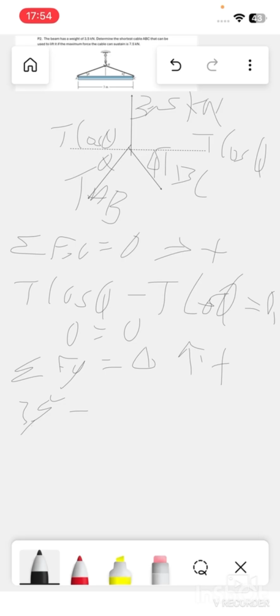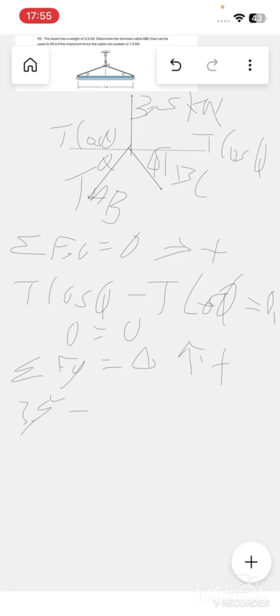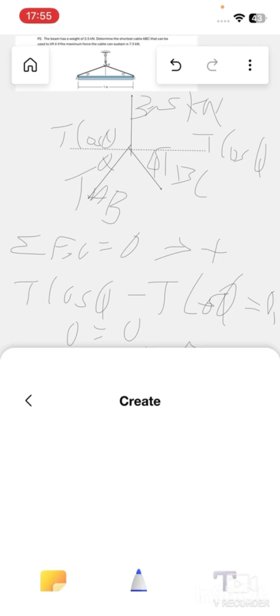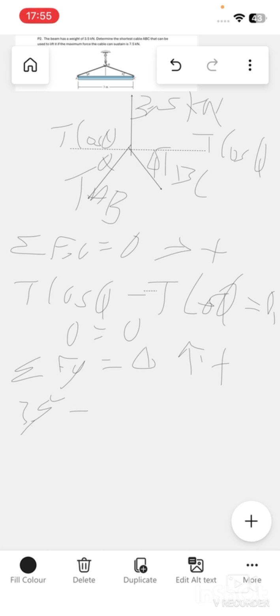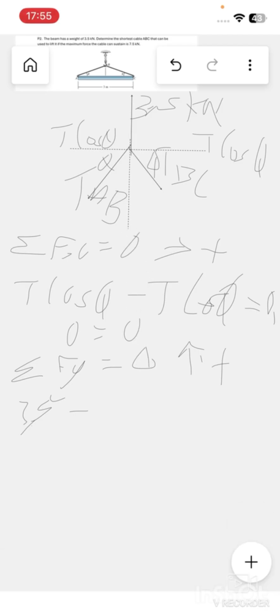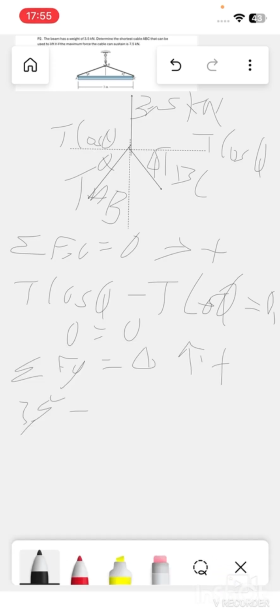Here we have two forces. It means we must have our components for y. We did not draw them. We need to add our components of y.